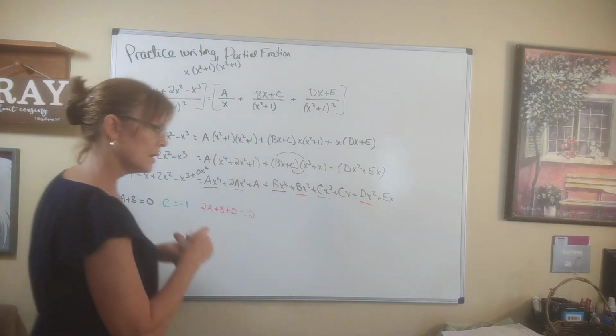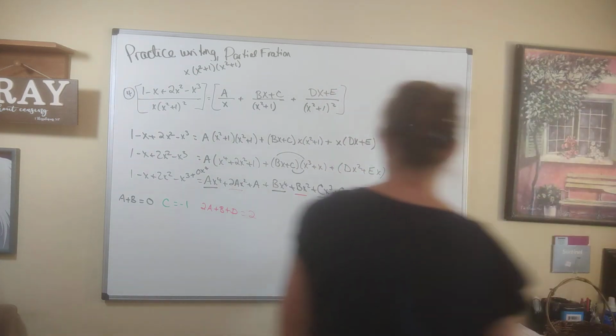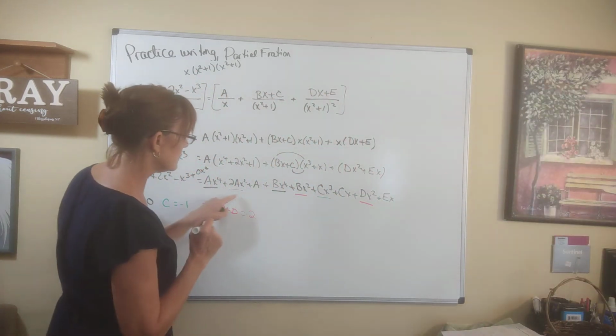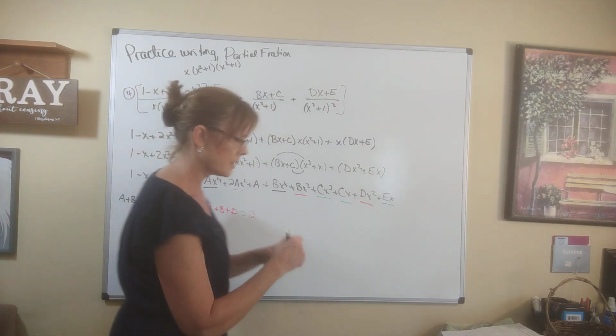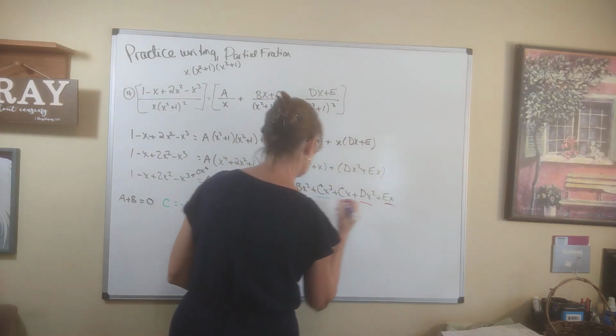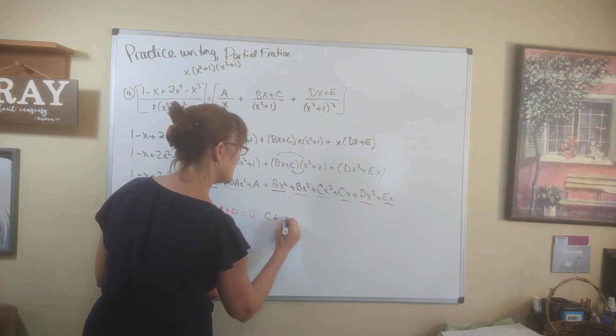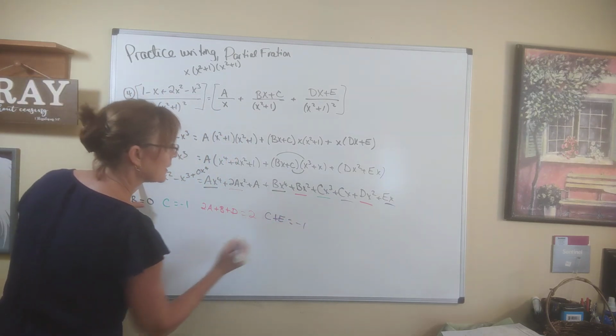All right. Then I have x's. What do I have for x's? I just have c and e. I have c plus e is equal to the coefficient of the x, which is negative 1. Okay.